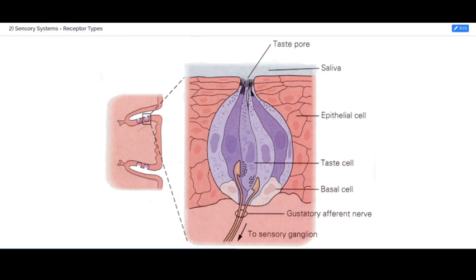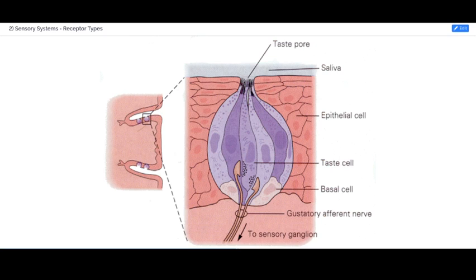Now, since this is a taste bud, it's going to be interacting with the dendrites of either cranial nerve 7 or cranial nerve 9. Cranial nerve 7, the facial nerve, its sensory component is for taste of the anterior portion of the tongue. Cranial nerve 9, the glossopharyngeal nerve, is responsible for sensory reception of taste in the posterior portions of the tongue and areas of the soft palate.